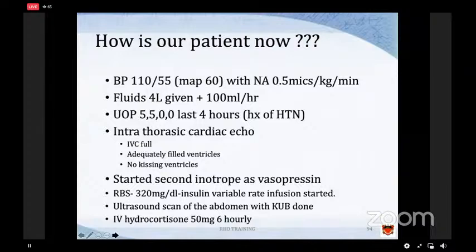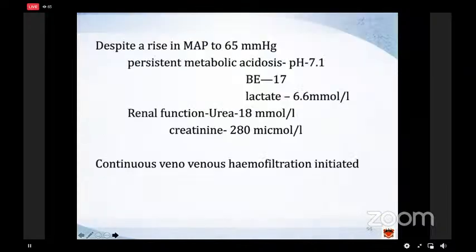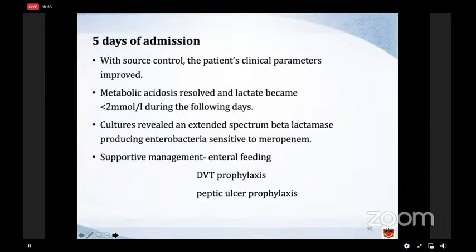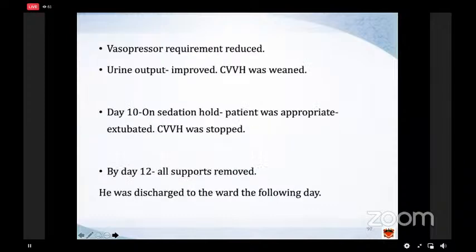Hydrocortisone was started because the second agent was started. Despite the rise of MAP, the patient's acidosis remained the same and the renal function was worsening. So CRRT was considered and source control was considered, and the metabolic acidosis improved, and general ICU supportive care was given.